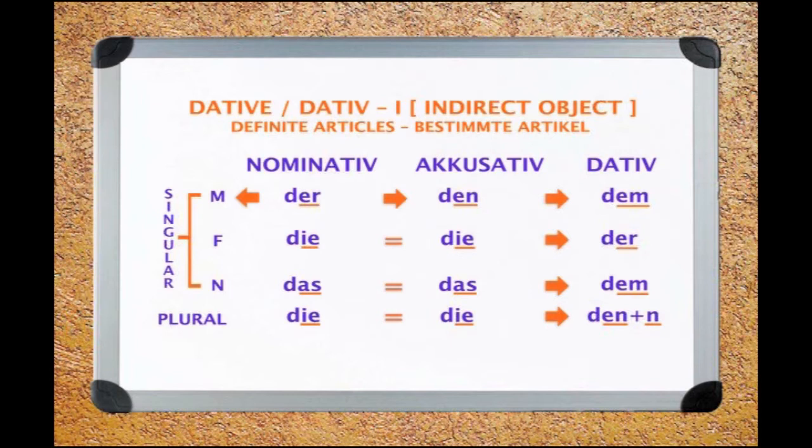So, the definite article in dative for masculine as well as for neuter is dem, for feminine it is der, and for the plural article it is den, along with the n which is added to the ending of the noun in plural.